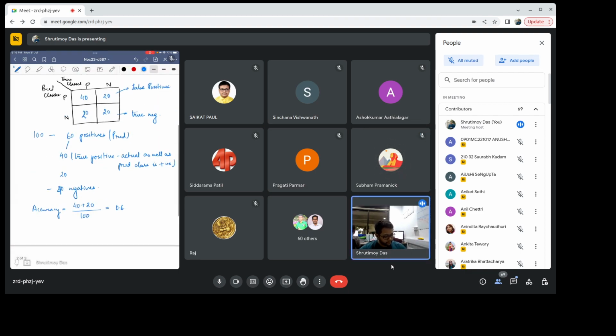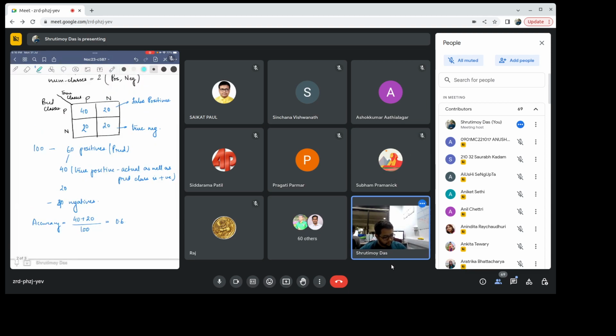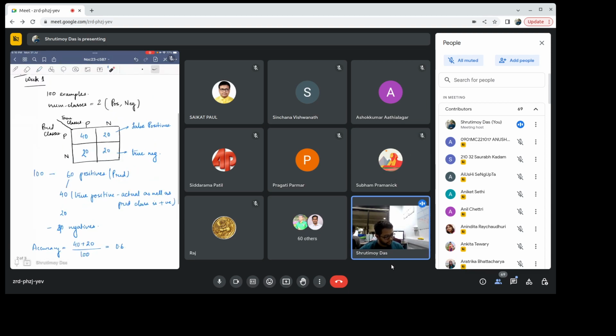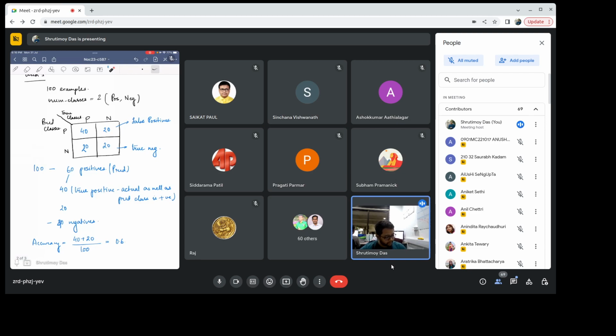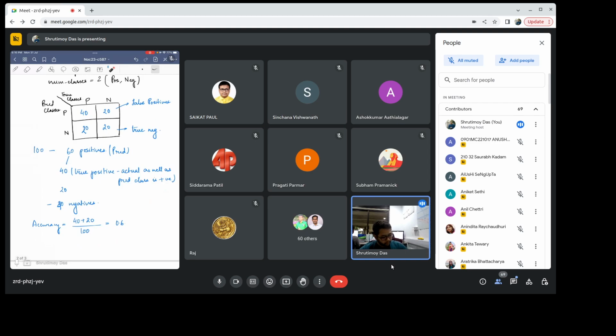So let us take this confusion matrix. Accuracy checks, out of all the examples, how many of those you predicted correctly. If you look at this cell, we predicted these as positives and these are actually positive. So these are our correctly predicted examples, right?